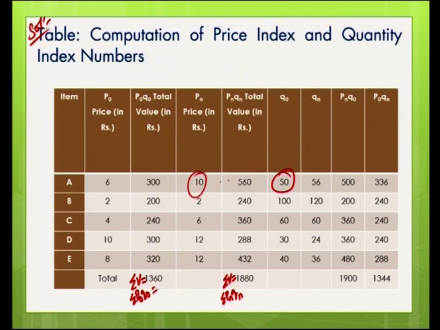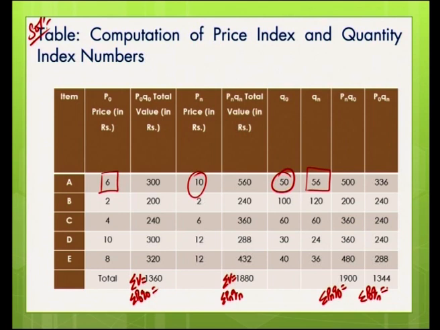So, 10 into 50 is 500, and then P naught into Qn if you want, P naught is 6 and Qn is 56. So, P naught into Qn is 56 into 6 is 336, and then respective totals are taken. Summation Pn Q naught is 1900 and summation P naught Qn is 1344.